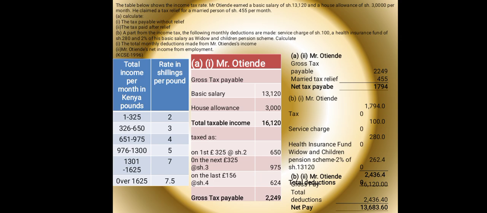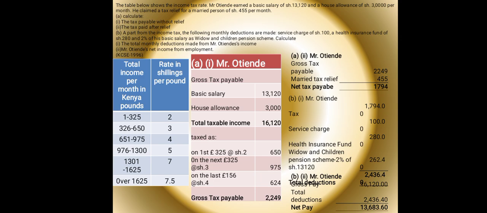The third table of computation, we have B1, Mr. Otiende, the tax, the service charge, the insurance fund and widow's pension, and then we have the total deductions.